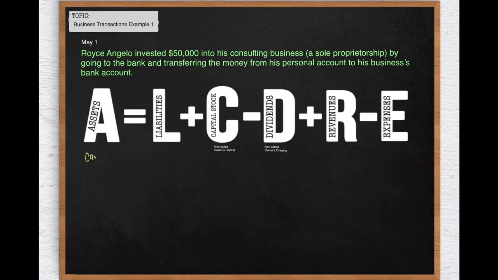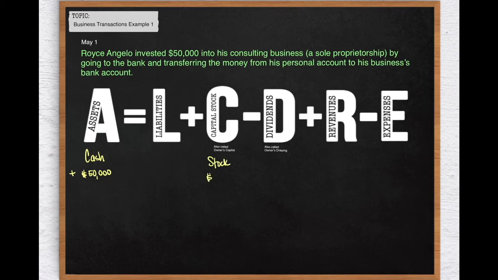Right now, the account that's affected in this transaction is cash, because the business is receiving cash and the business owns the cash. So you're going to record $50,000 on the asset side, more specifically the cash account, which is classified as an asset because now the business owns that cash after its owner, Royce Angelo, put money into the business.